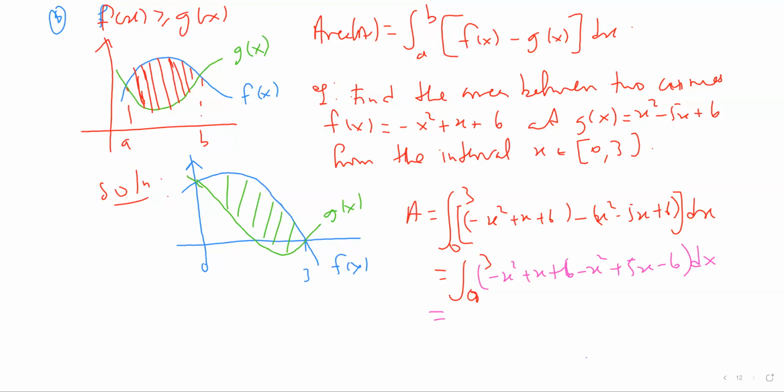If you do that, then you have, from 0 to 3, minus 2s squared plus 6s ds. And then finally, you have minus 2 over 3 s cubed plus 3s squared from 0 to 3.